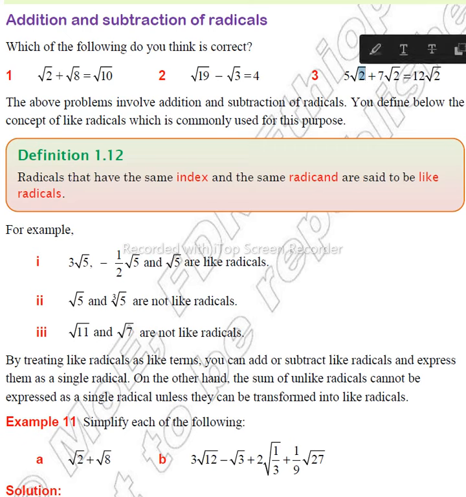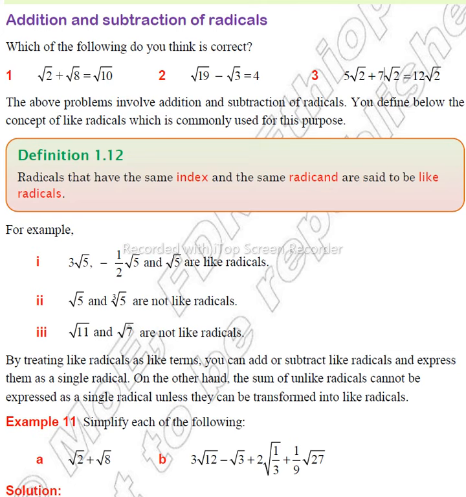So if they have the same index and the same radicand, we can add them. 5 plus 7 is 12, then we take the square root of 2. So to add or to subtract under radical, the number must be the same and the index also the same.